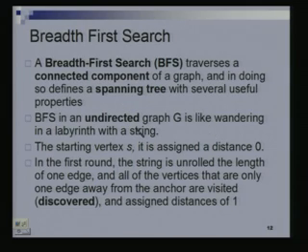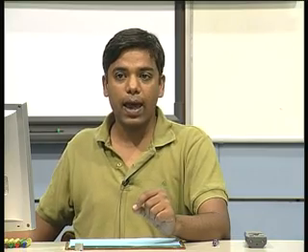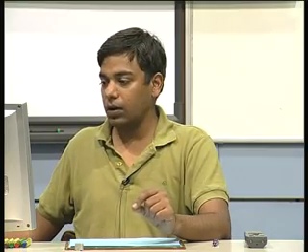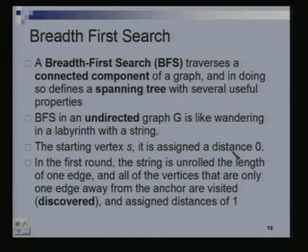You start from a vertex, let us call it S, and it is assigned an initial distance of 0. We are going to proceed in rounds. In the first round, think of yourself as being in some kind of a maze.